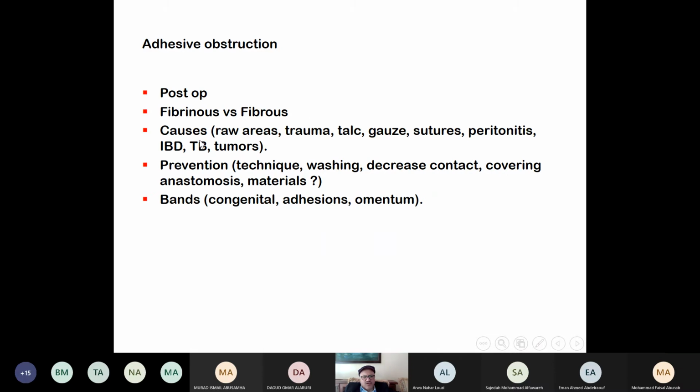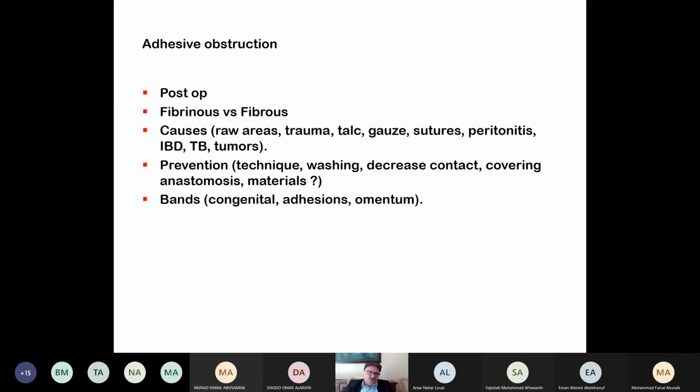The more the bowel is manipulated, the more sutures are used, the more we have peritonitis, the more there are inflammatory reactions because of the disease itself, the more we get adhesions. The fibrinous ones, the early ones, may resolve spontaneously.